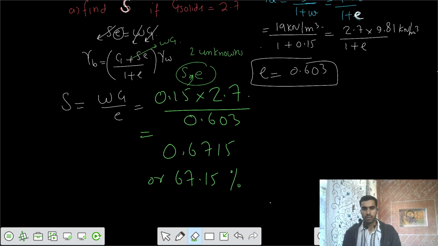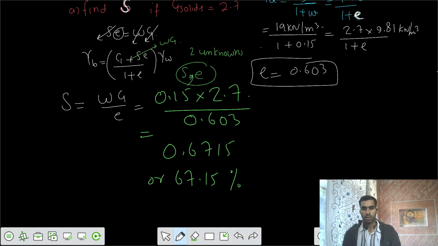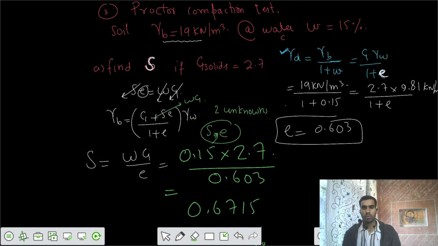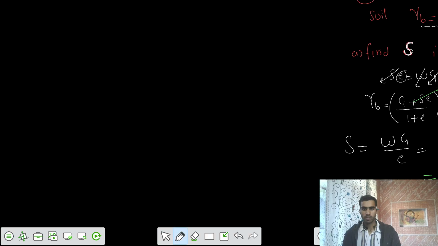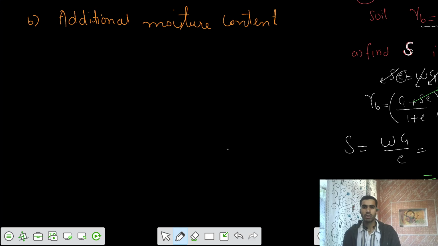Let's go for the fourth case of the problem. In this problem we have one more part to solve. Part B we have to calculate. Part B of the problem is that you need to get the additional moisture content for saturating the soil specimen.